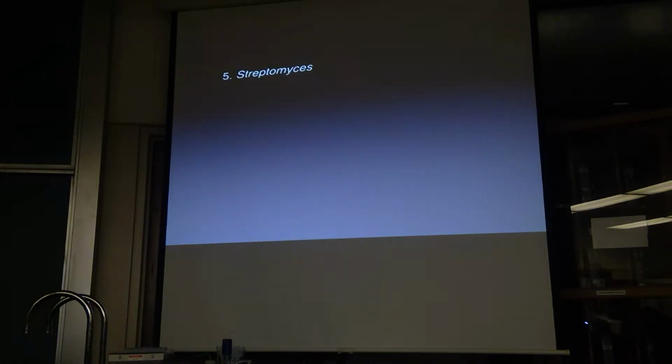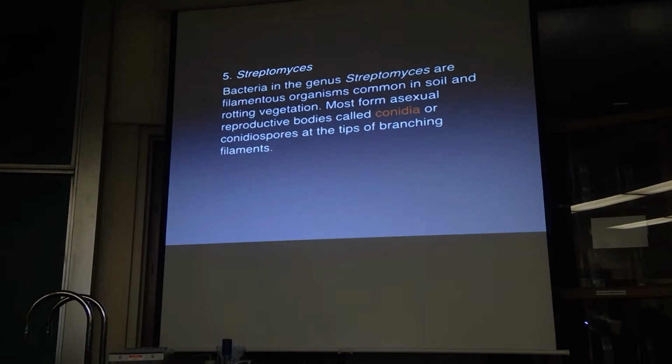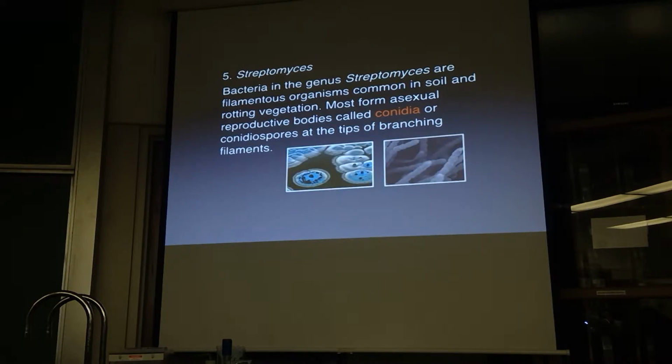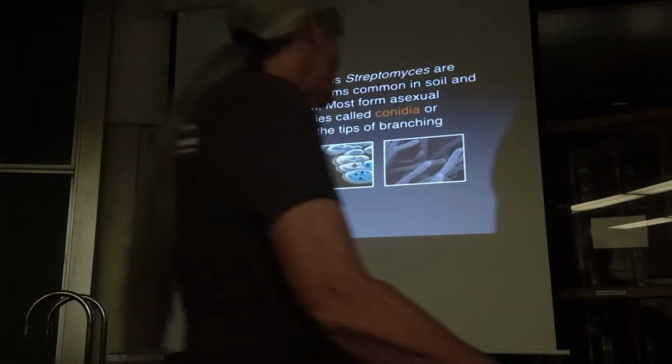And then we come to the genus Streptomyces. These are truly filamentous bacteria. So when we talk about bacterial shapes, you have cocci, you have bacilli, you have spirilla. These are none of those. The Nocardia were kind of leaning toward making filaments, but the Streptomyces are definitely filamentous. So they form these long strings, and off the ends of these filaments, they form conidia, or conidiospores, so that when you look at the surface of the colonies, they look powdery.